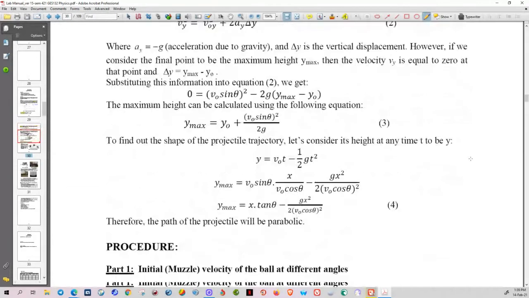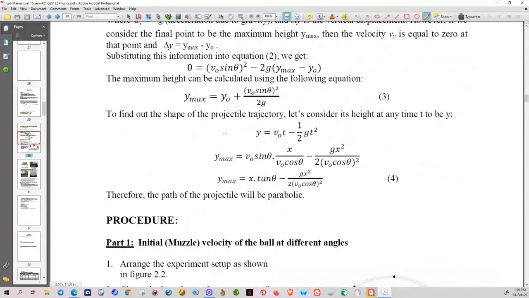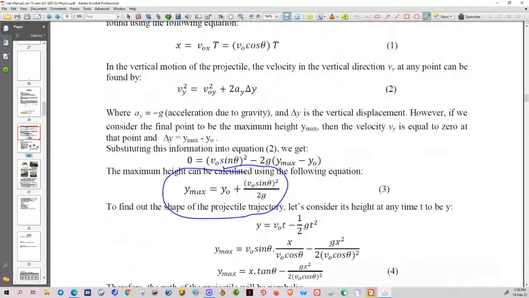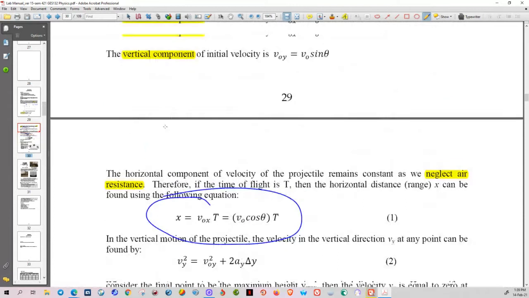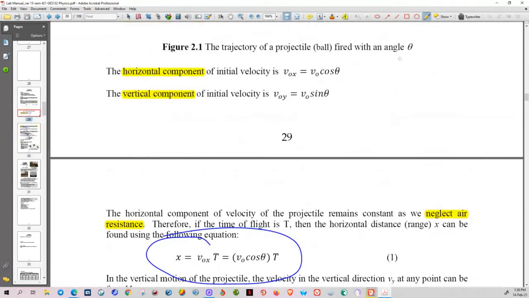So to get the maximum height of a projectile, we use this equation. Which equation are you going to write in your theory? This is number 1, okay? You will also write this too, if you want. The definition is there.